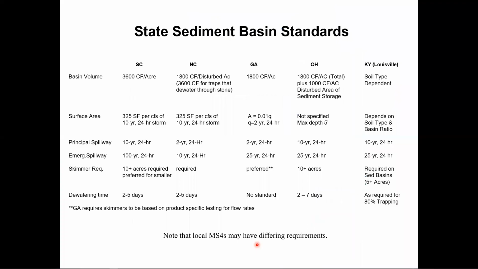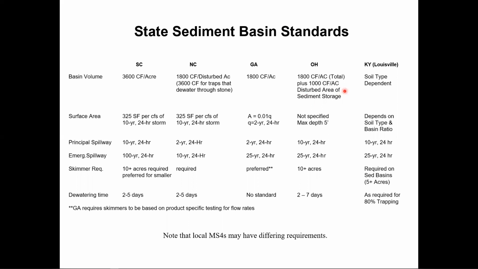So I know we have primarily Kentucky engineers on the line today, but just to give you a feel, I'm sure you work in some other states occasionally, what their standards are between different states. Looking at basin volume, South Carolina has a 3,600 cubic feet per acre volume, where North Carolina, Georgia, and Ohio all have 1,800 cubic feet.